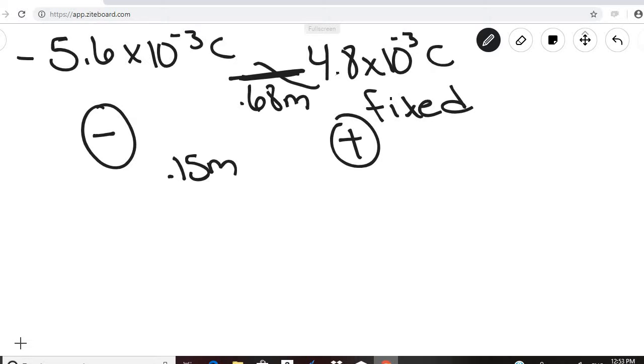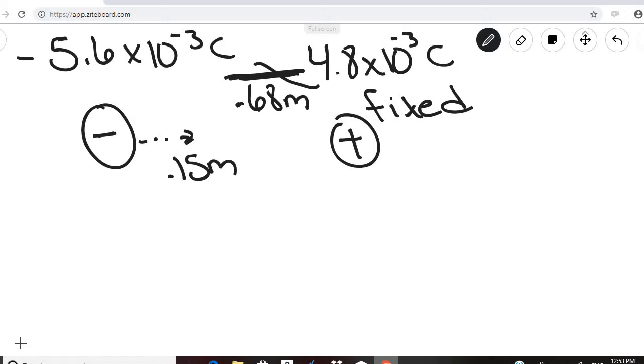And did the potential energy increase or decrease? Okay, so they start out 0.68 meters apart. This moving charge is going to move towards this one 0.15 meters, and then we want to know how much the potential energy changed there.